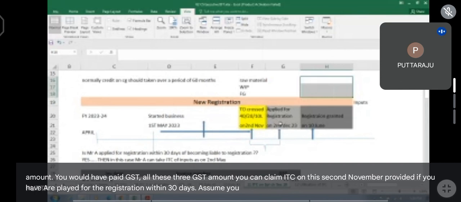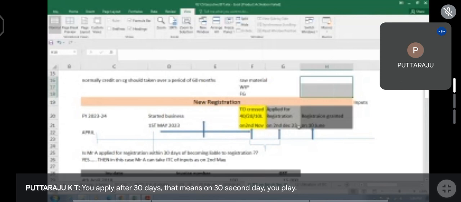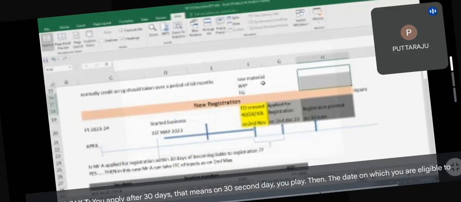Assume you do not apply within 30 days. You apply after 30 days, that means on the 32nd day you apply. Then the date on which you are eligible to take credit will be the date on which you get the registration granted.